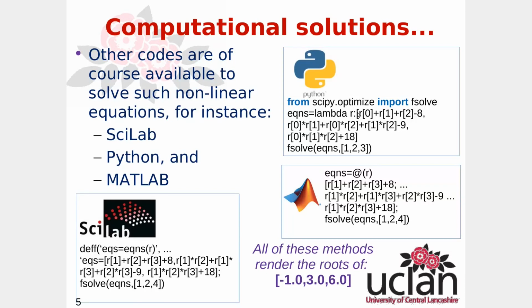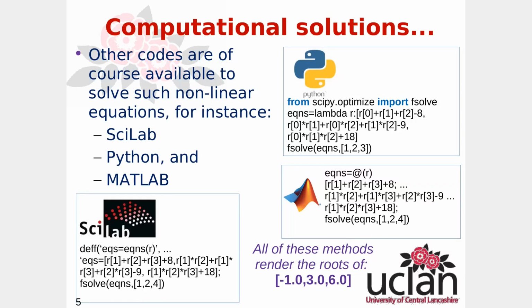The inline function is a function of R, and after the colon we put these in as a list with an equation in each. Again, R0, R1, R2, noticing that in Python we do have to start from 0, as thankfully it's zeroth order, and each of the arrays will start from 0.